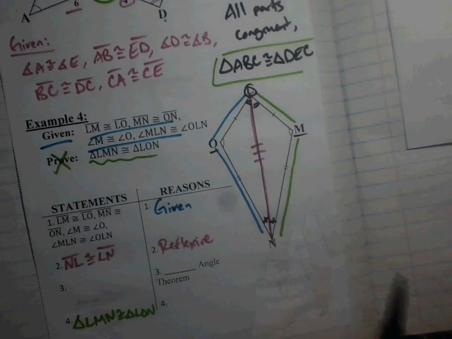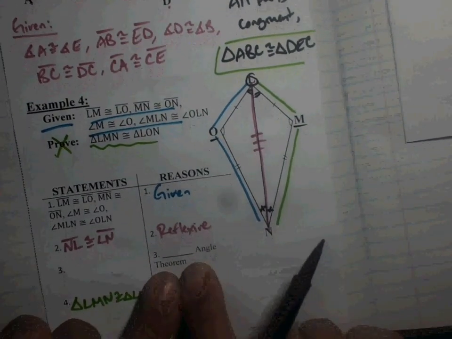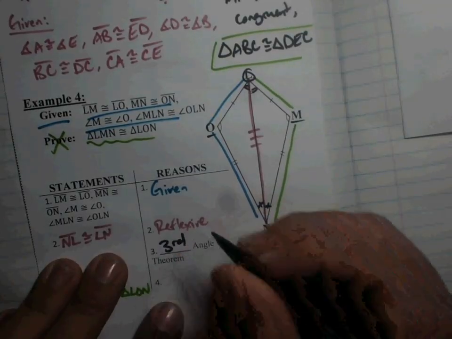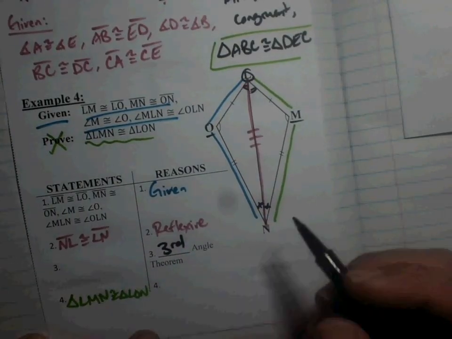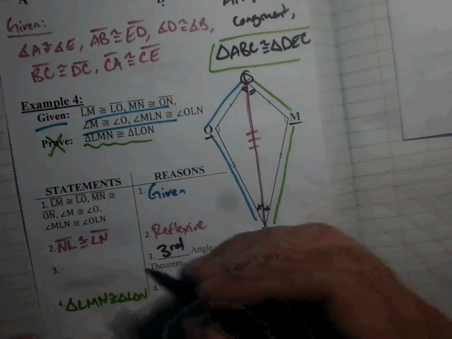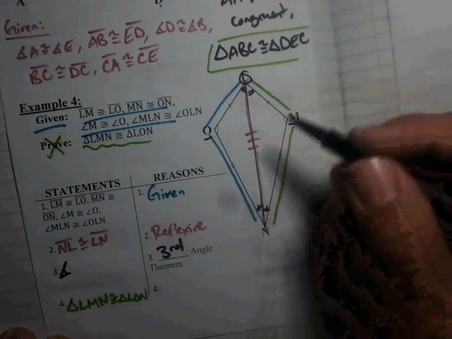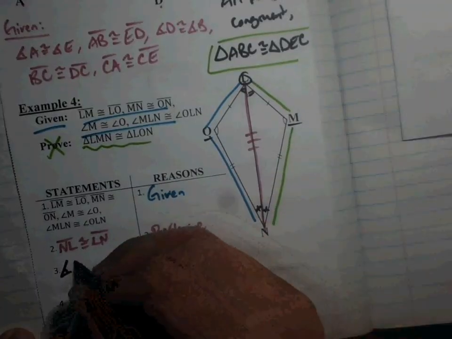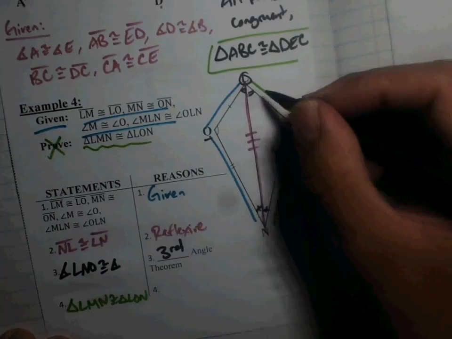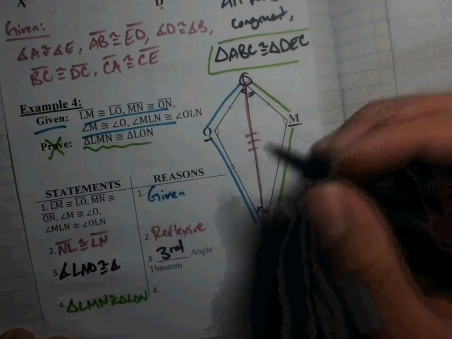It's an angle theorem we already talked about. So we've said before, it's the third angle theorem. We've already used it. And really all it's saying is that these two angles are congruent. And again, to name them, just use the actual letters. Angle LON is congruent to angle LMN.